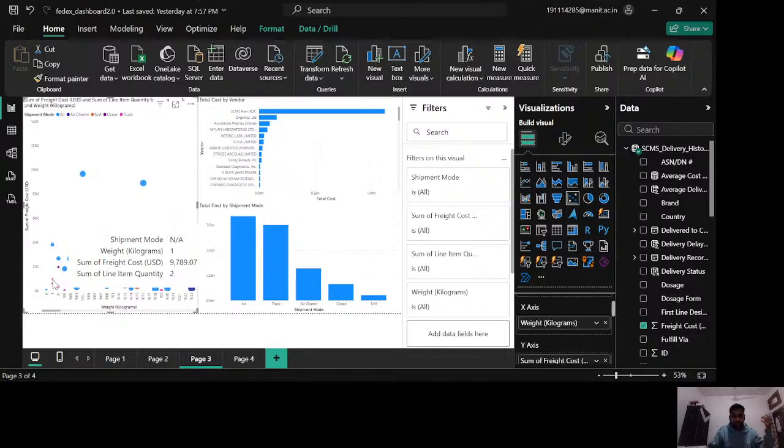So from this scatter plot, we can conclude that truck is one of the most efficient in terms of amount to be paid as well as in transportation of line item quantity at a similar weight, compared to air, not allowed, and other options.